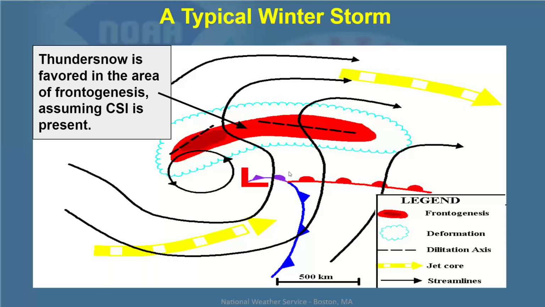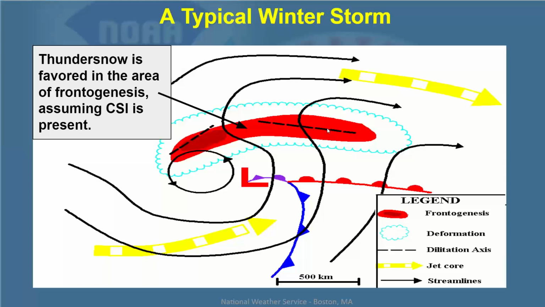The area shaded in red, that's your area of frontogenesis. FGen is really important for the formation of winter storms and finding areas where you can get heavier snowfall rates. Basically, it is a fancy term for looking at where you have a temperature differential.